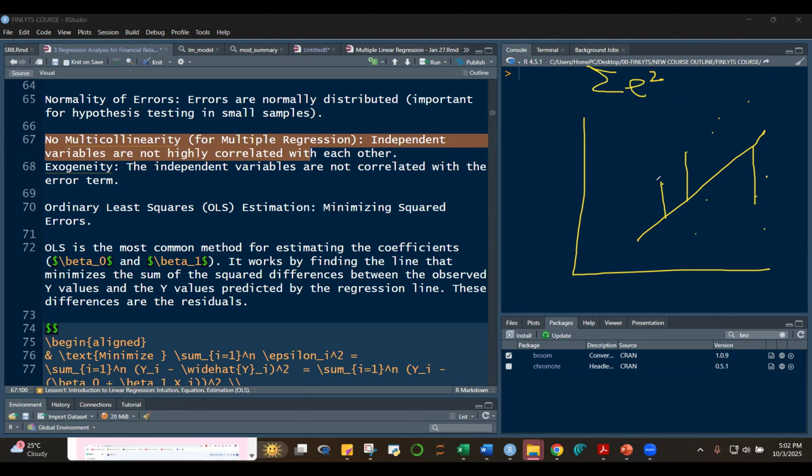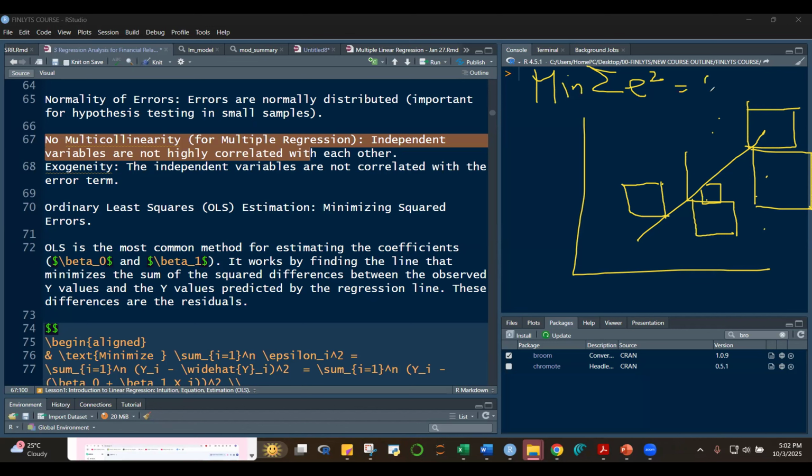So we square them, class. It's just like getting the area. Here is a residual, we square it. Here is a residual, we square it.